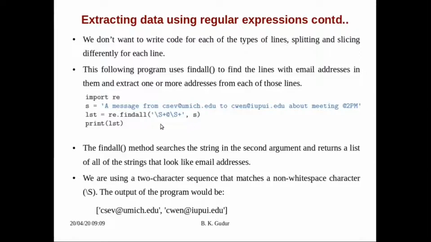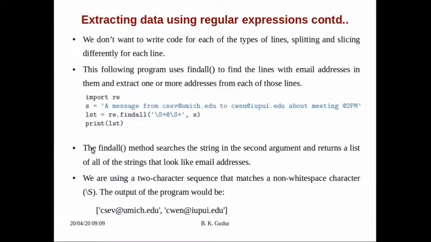So this findall is going to take two arguments. The first argument is the regular expression, and the second argument is where to find this expression, in this particular string. If it is found, print that.